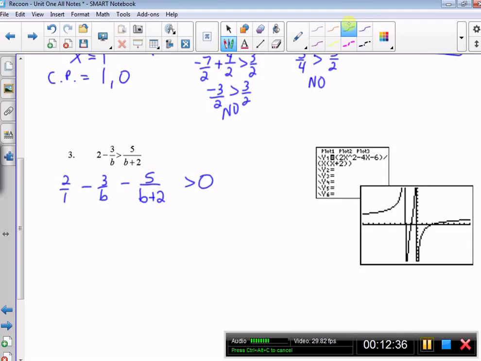And my common denominator looks like b times b plus 2. So this one needs b times b plus 2. This one needs b plus 2. And this one needs b.